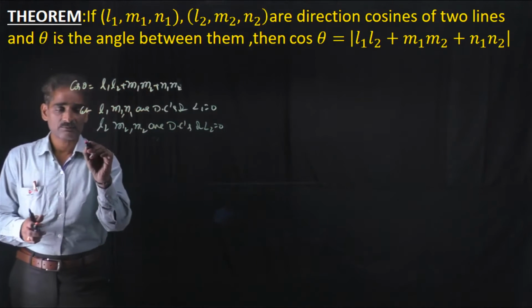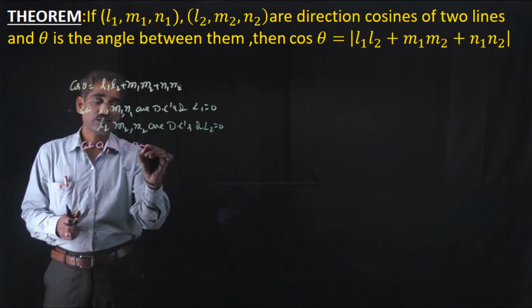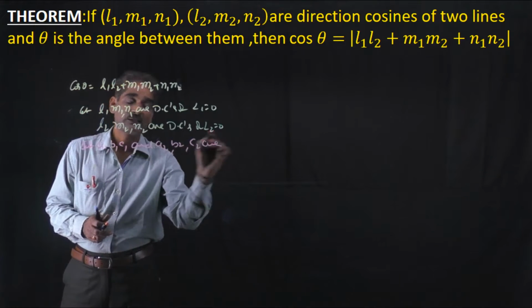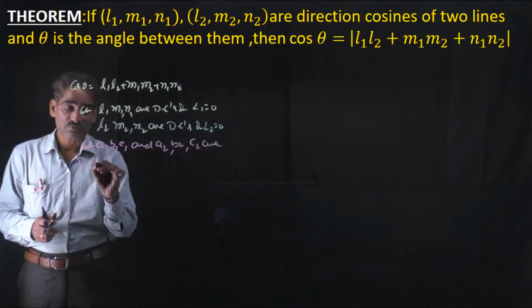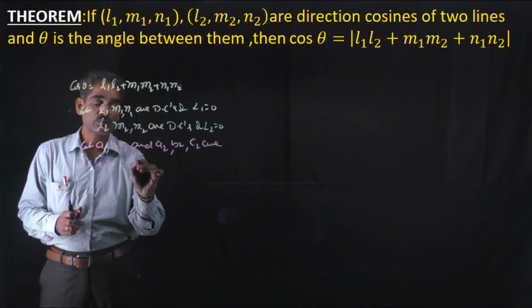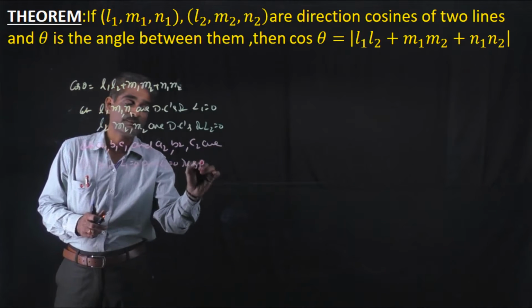Let A1, B1, C1 and A2, B2, C2 be the DRs of the same lines, L1 equal to 0 and L2 equal to 0 respectively.